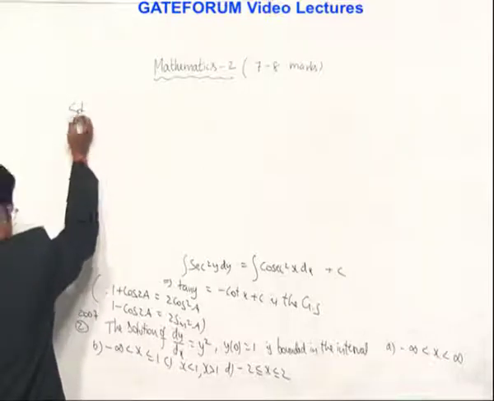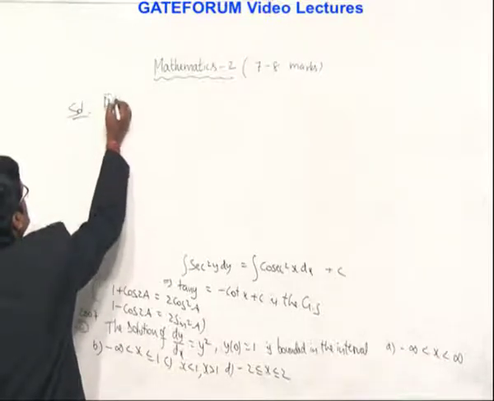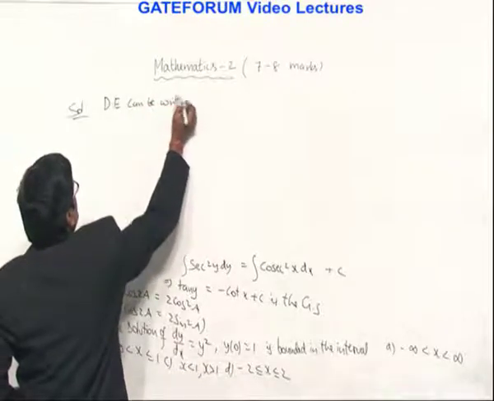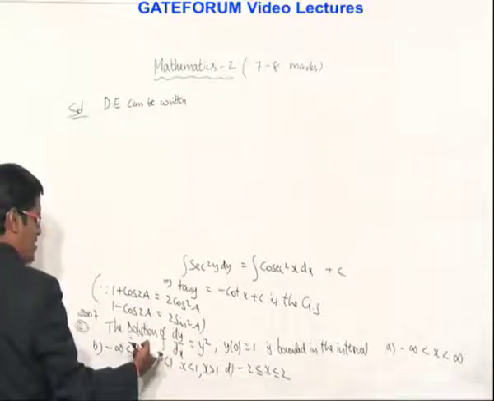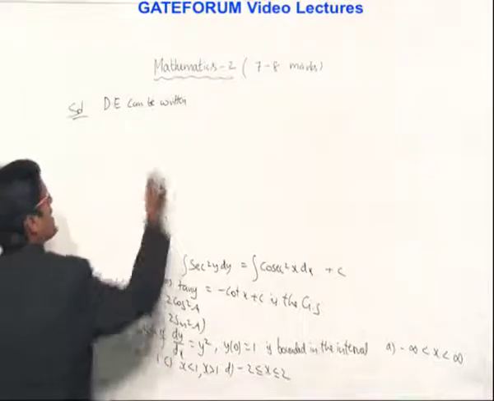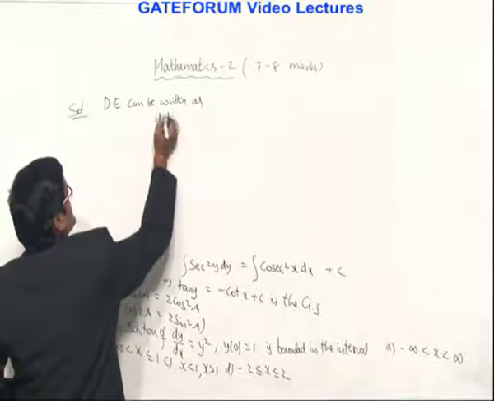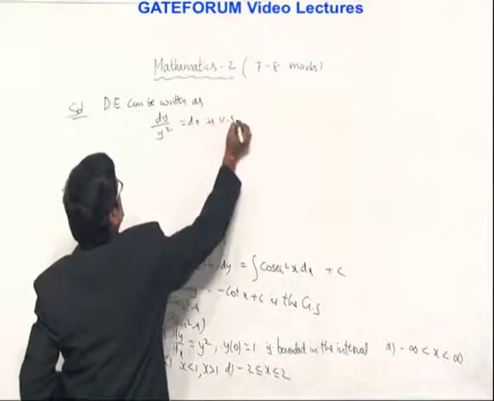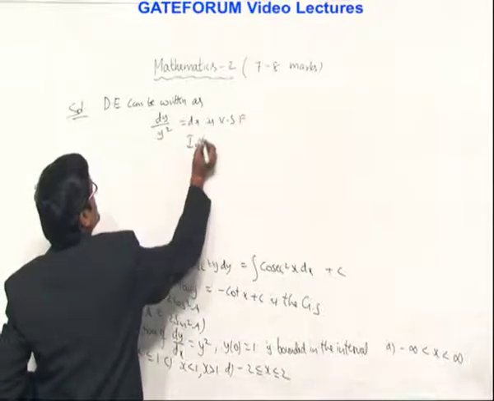Now, this can be written as an easily separable equation. Bring that y square term to the left side, shift that dx to the right side, written as dy by y square is equal to dx. So this is variable separable form, VSF.